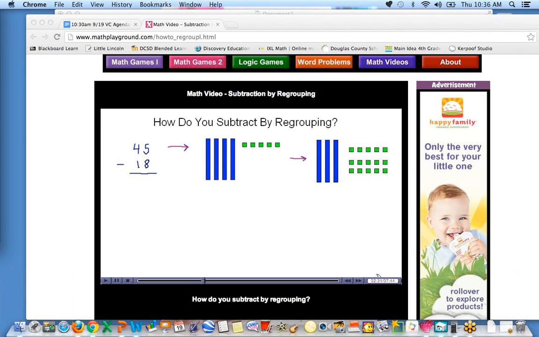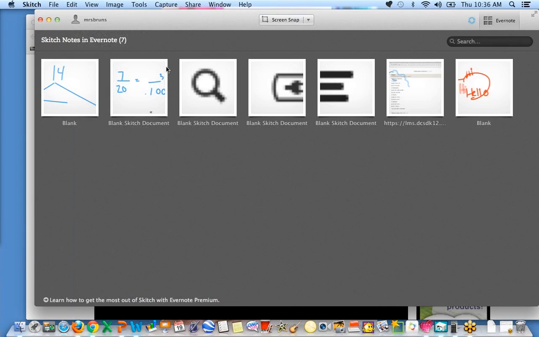And we can start by rewriting it. 45 minus 18. So right now the number 45 looks like this picture: 4 tens and 5 ones. We want to rewrite it so it looks like this picture: 3 tens and 15 ones. So we're going to regroup one of the tens.